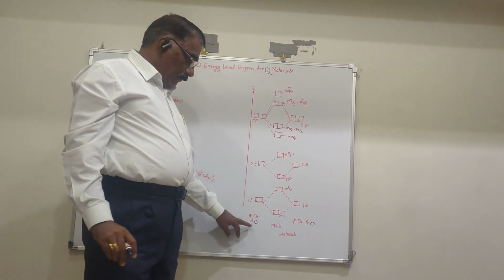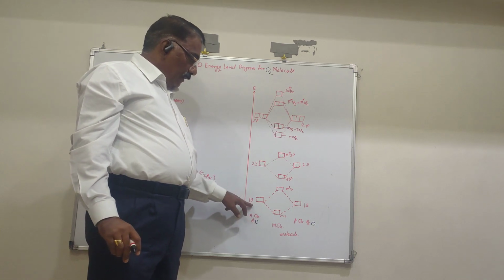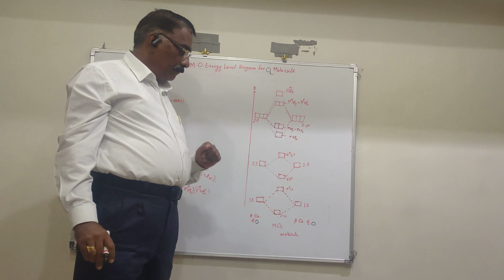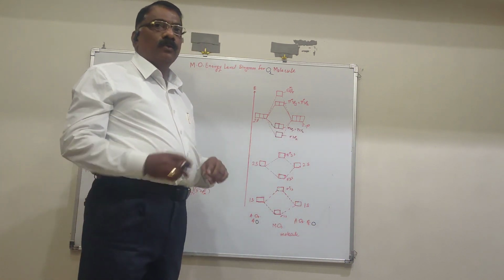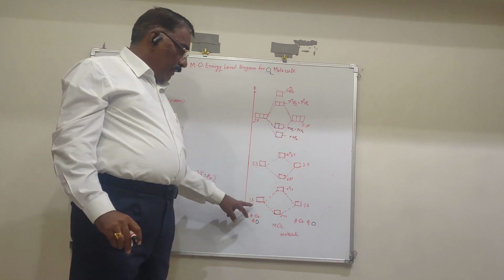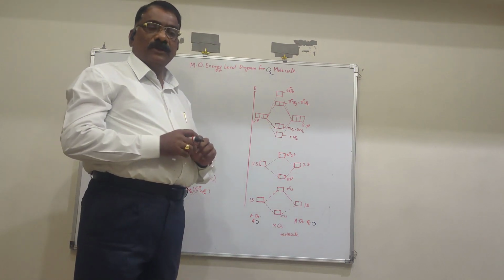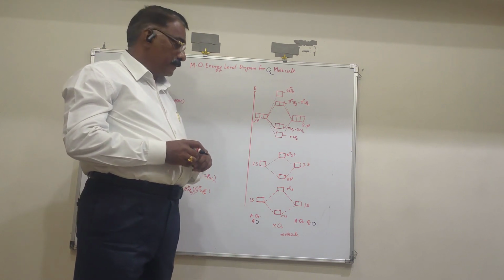Each oxygen provides 1s, 2s and 2p orbitals for the combination. 1s orbital combines with 1s orbital, 2s orbital combines with 2s orbital and 2p orbitals combine with 2p orbitals.